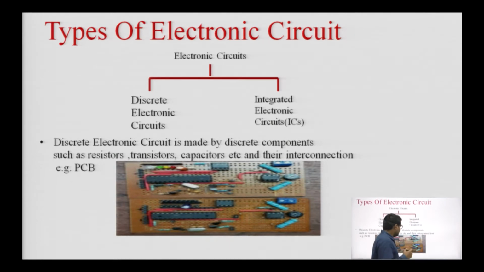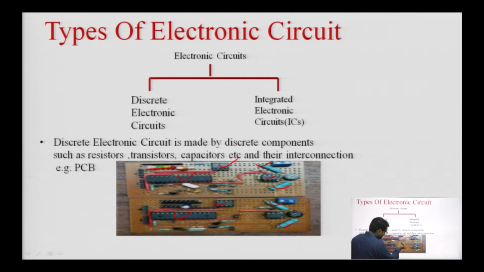Here in this slide we show a typical PCB, printed circuit board, which contains monolithic ICs, here one IC, second, third, and a resistor. In some part we see the resistor, and there are also some LEDs, all connected with conductive wire.